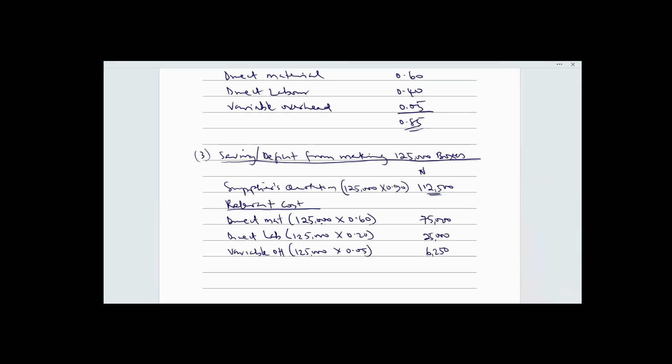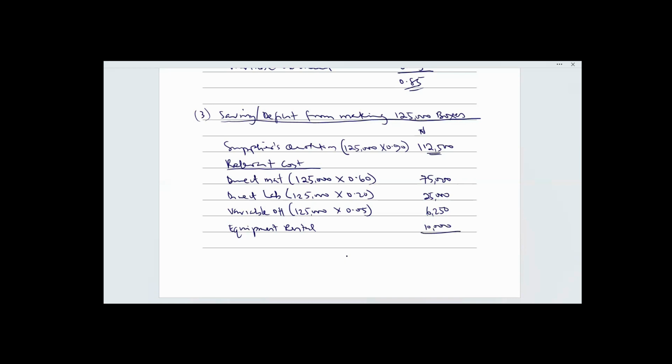The examiner now told us that there's a rental cost of 10,000 naira for equipment, that at any point above 100,000 boxes, the company will need to acquire additional equipment at a rental cost of 10,000 naira. So since we are making 125,000 boxes, there will be equipment rental of 10,000 naira.